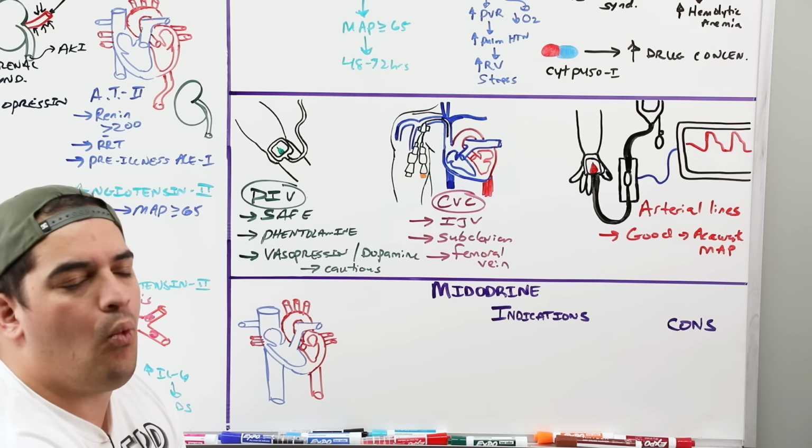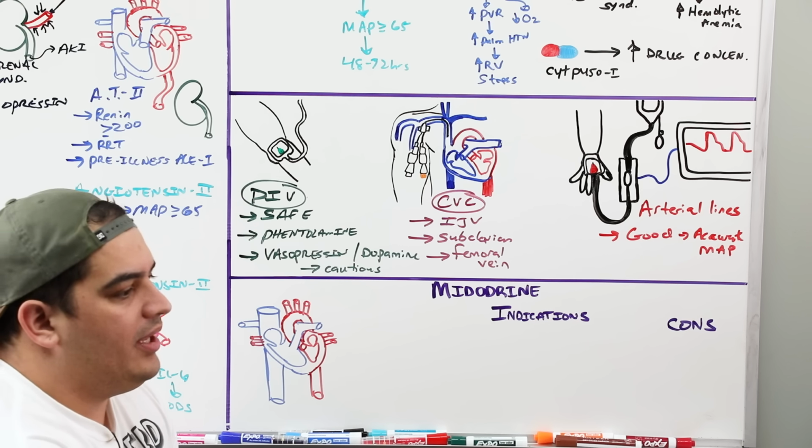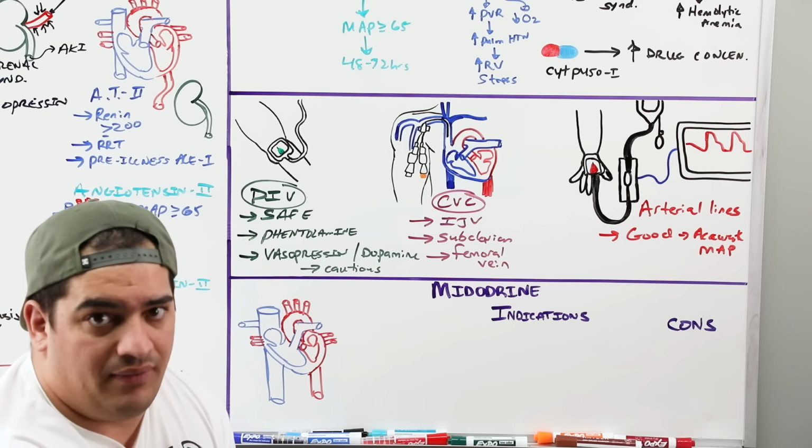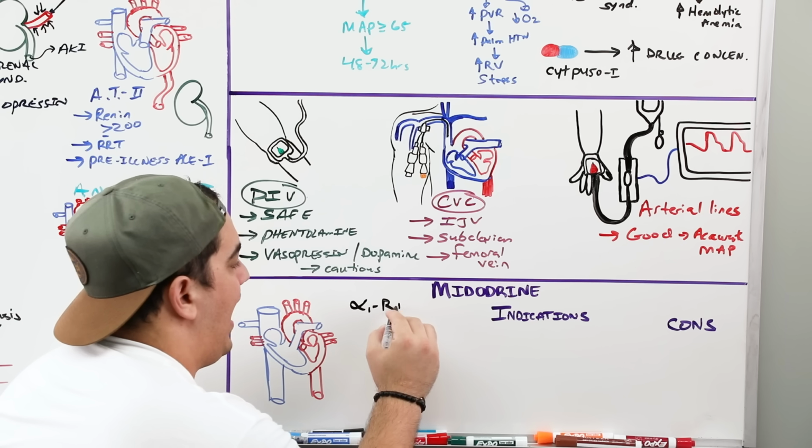The last thing that I wanted to cover is a type of oral vasopressor, and it is called Midodrine. Midodrine's primary mechanism of action, you can literally think of as an oral type of phenylephrine. It's primarily an alpha-1 receptor agonist.